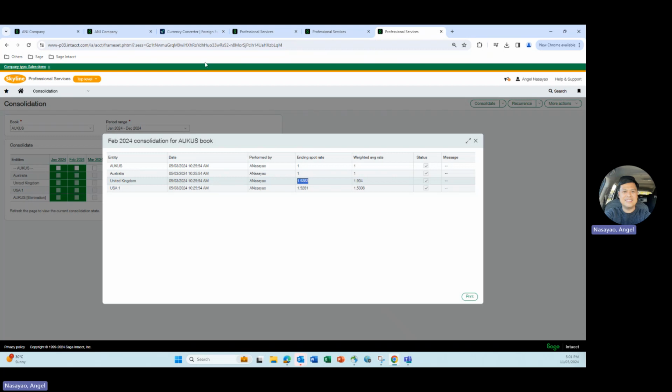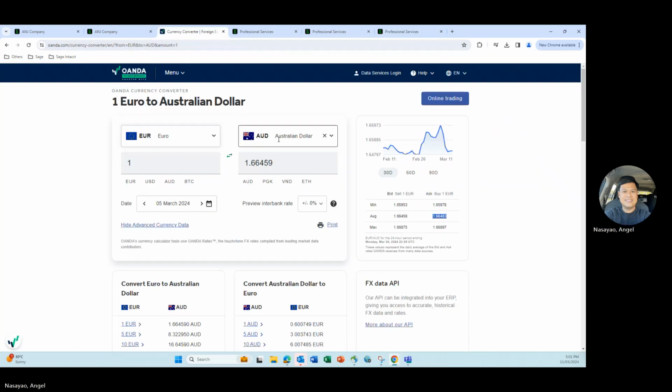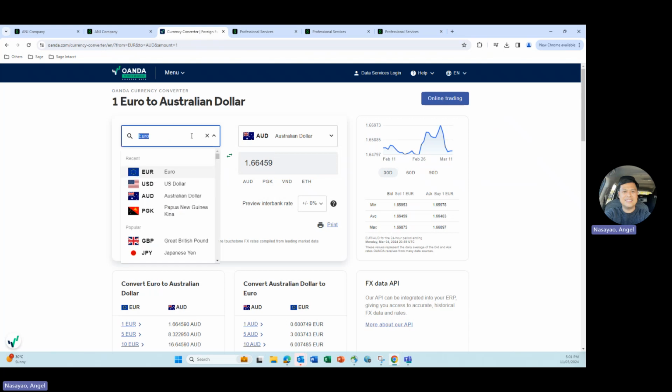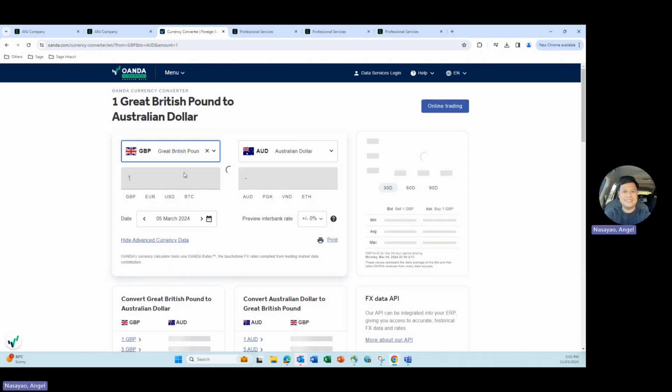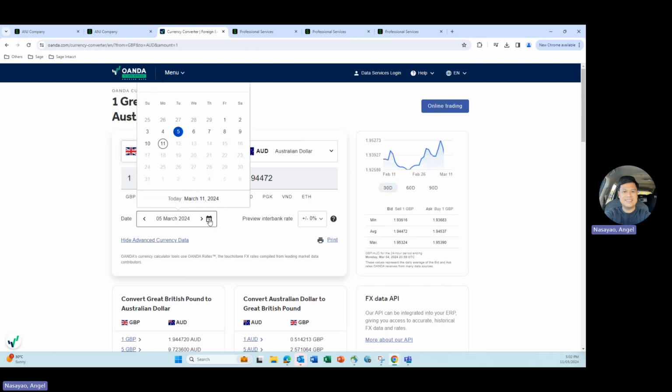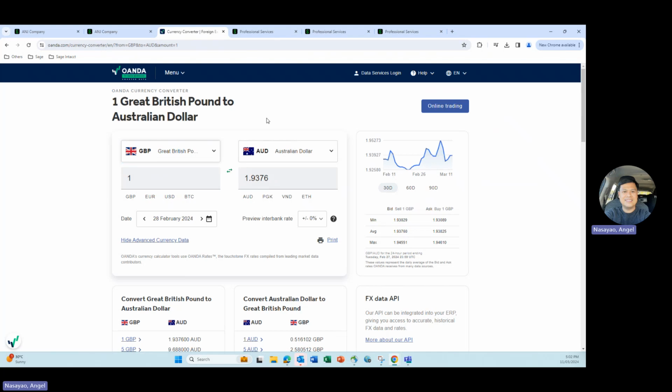This is from GBP to AUD, but this should be as of the 28th, because month end of February is February 29, and we're having it for February 2024.